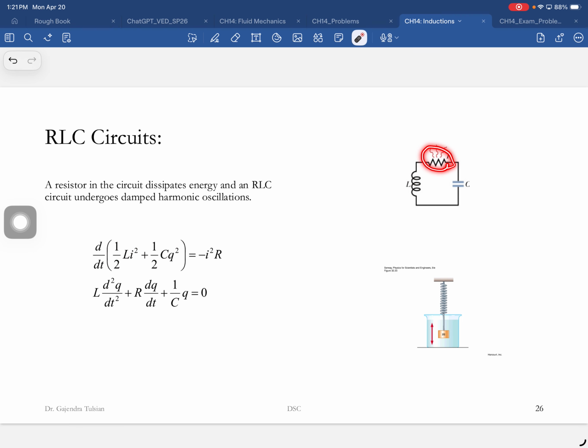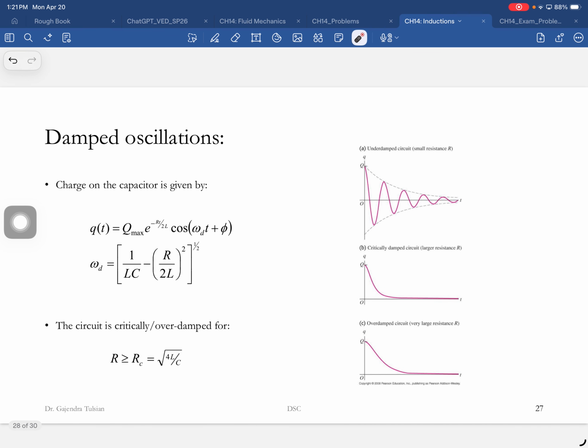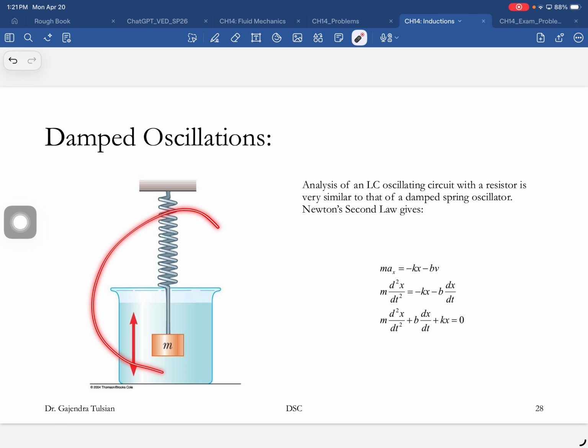And because of the presence of this resistor, the total energy stored is changing. It's decreasing. So the rate at which the energy is decreasing is the rate at which it's being dissipated in the resistor. And if you rearrange all of that, here's the differential equation you get. And you've seen this differential equation before when you set up this one.